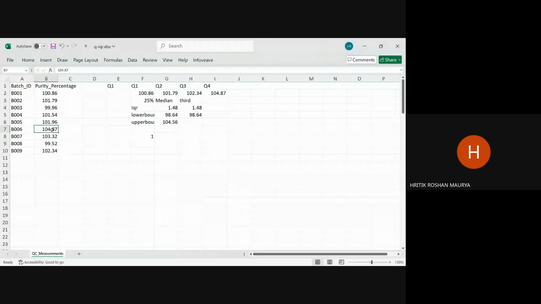Yeah, this one is this data, it is greater than this upper bound. So that is why it is counted as an outlier. I hope you get the point, and you can do this outlier question, counting how many outliers there are.